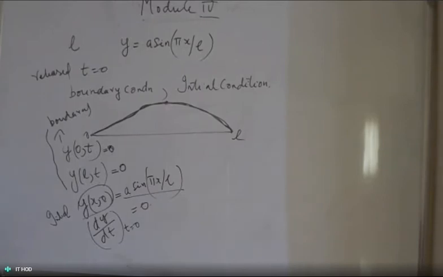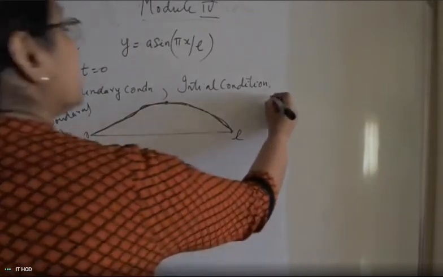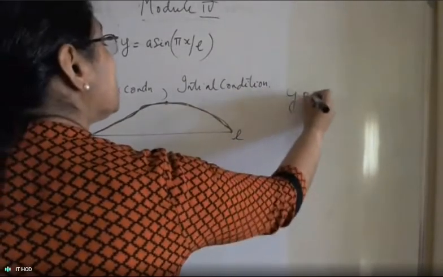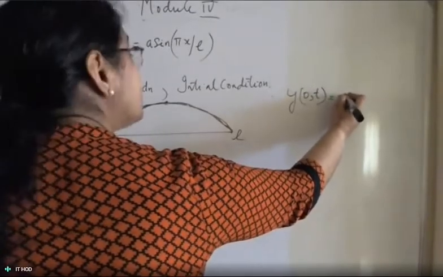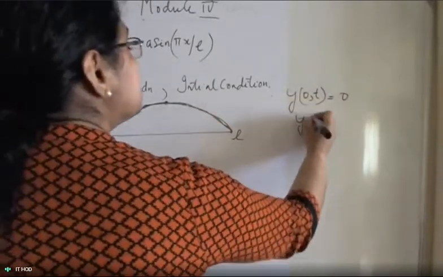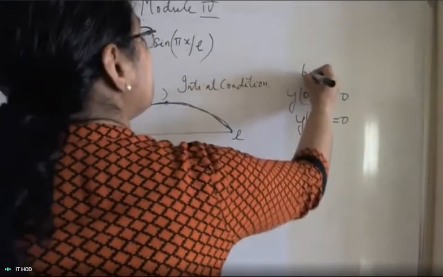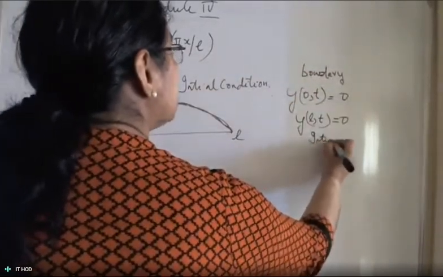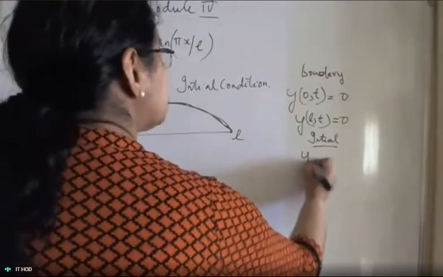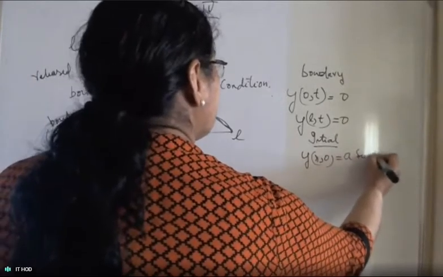Okay, so we will do the problem. These are the conditions we are going to use here. Let me write it here. The boundary conditions are y(0, t) equal to 0 and y(L, t) equal to 0. And the initial condition is y(x, 0) equal to a sin(pi x by L).